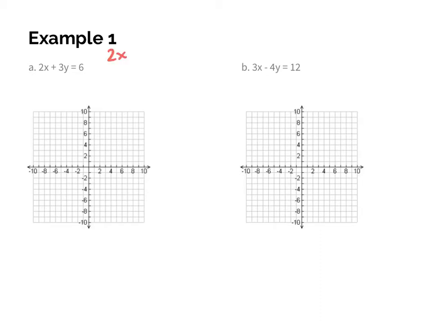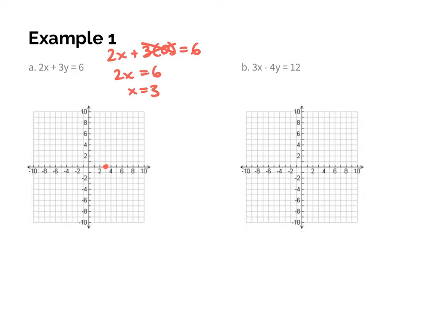I'm going to take my equation 2x plus 3y equals 6, and I'm going to plug in 0 for y, because the x-intercept occurs when y is 0. So if I plug 0 in for y, I'm going to get 2x. 3 times 0 drops out. I'll get 2x equals 6. And therefore, by dividing both sides by 2, I'll get x equals 3. So I know my x-intercept is right here at 3.